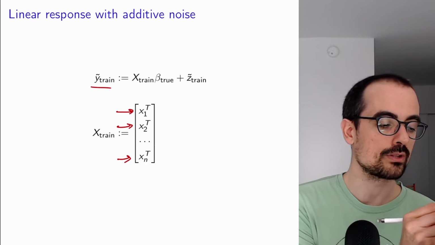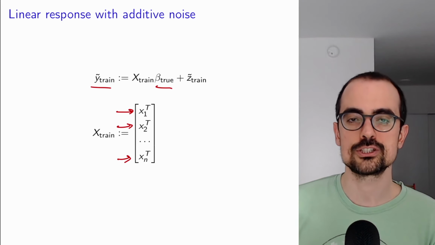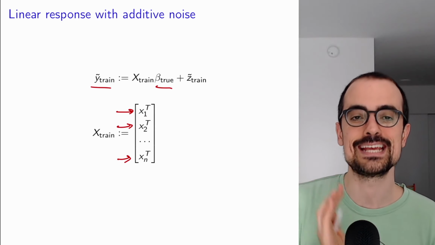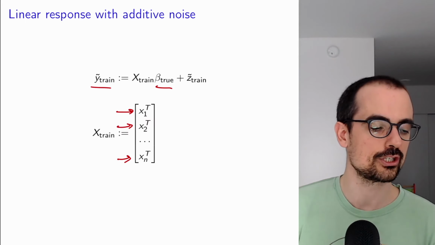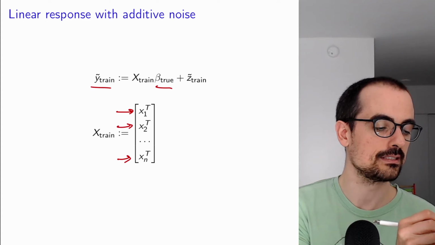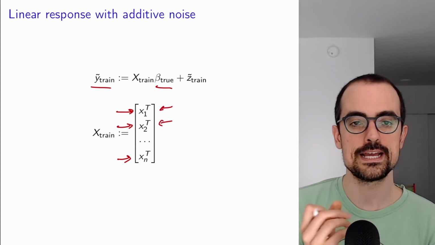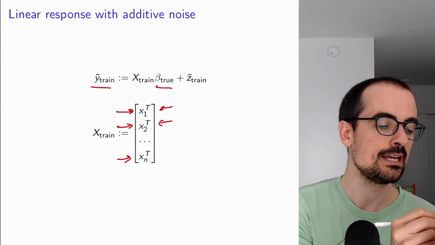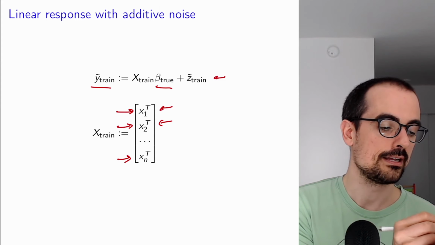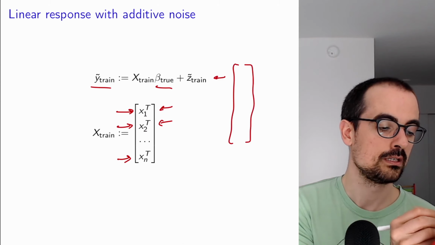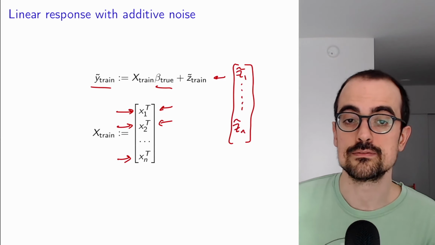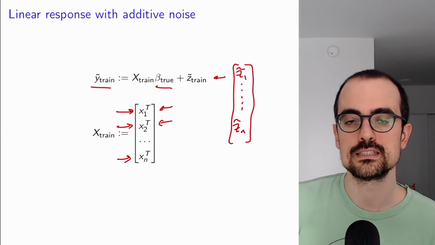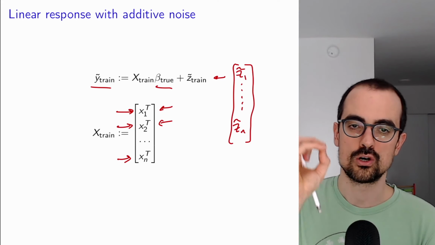Each of those feature vectors, how do we obtain the response corresponding to each example? Well, we take the inner product with these fixed true coefficients, because our assumption is that the response is linearly related to the features. Then we add additive noise, an additive noise variable to each of the measurements.